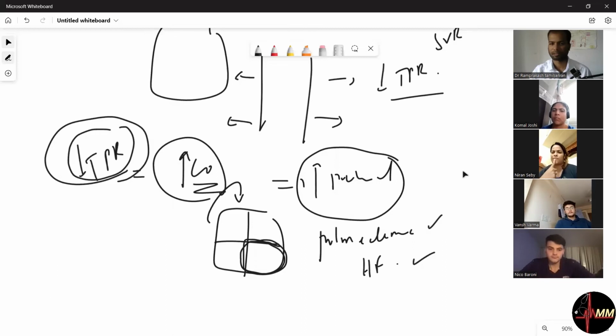ST elevation, ST depression: ST elevation for pericarditis, ST elevation for MI. The other ECGs, they don't ask you. The R wave progression and things like that, they don't ask all that. Find some basic ECG, and they will commonly test atrial fibrillation ECG. They love that.